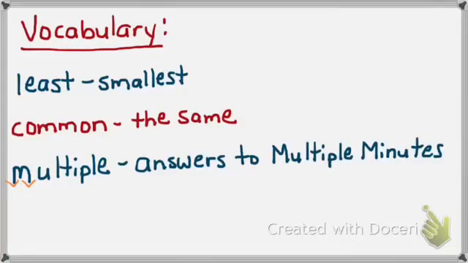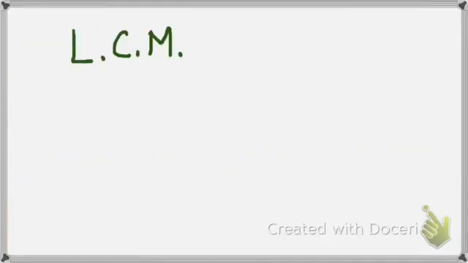Notice on the M, since it has two lines, or actually three I guess from the middle of the M, that face down or vertically, I made arrows pointing down. When we answer our multiple minutes, we do go from top to bottom. So the least common multiple is the smallest answer to multiple minutes that's the same for all the numbers.